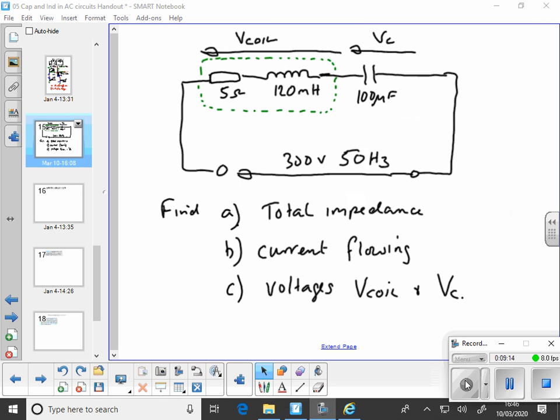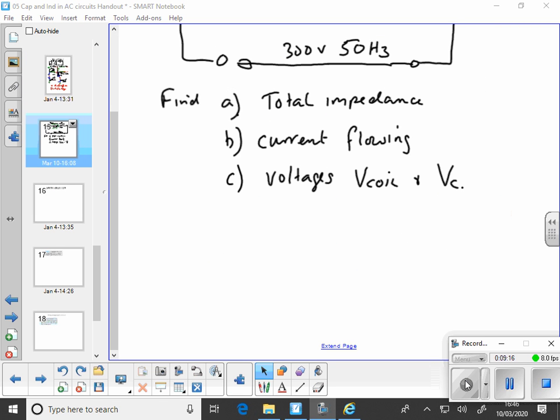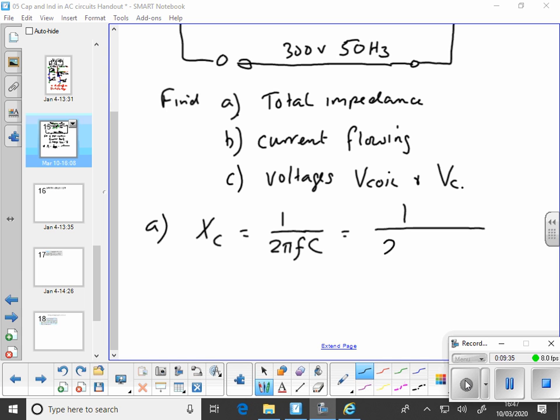Right, how do we calculate the total impedance then, gentlemen? XC equals 1 over 2 pi FC, 1 over 2 pi, equals.